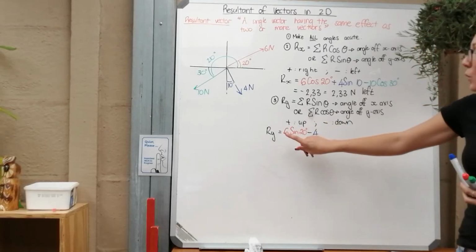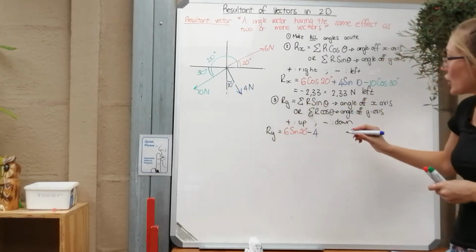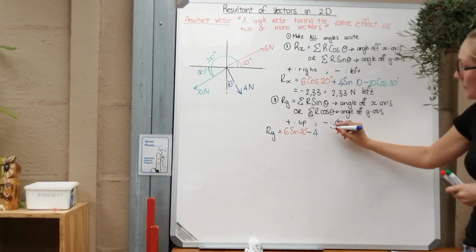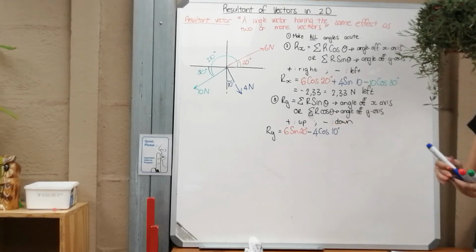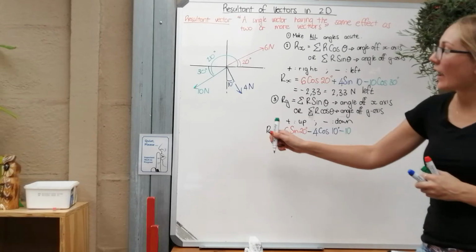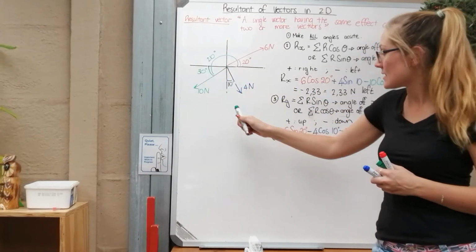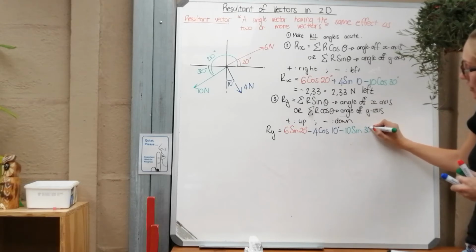Now I'm doing the y component, and my angle is off the y-axis, so I pick cos, okay, of my angle 10 degrees. And then my last one, 10 newtons, that one's also going down, so we subtract 10, and now again my angle's off the x-axis and I'm doing the y component, so I use sine of 30 degrees.